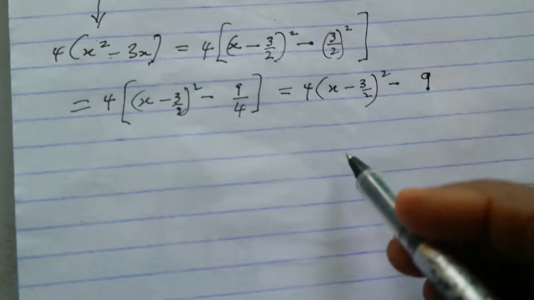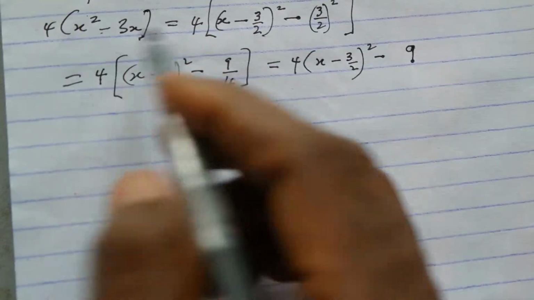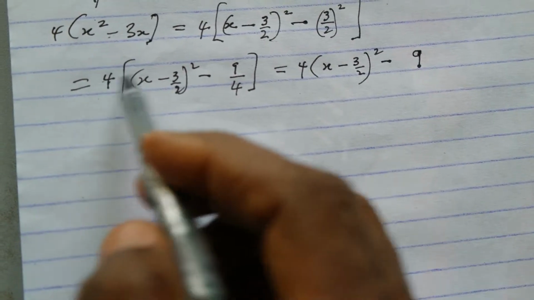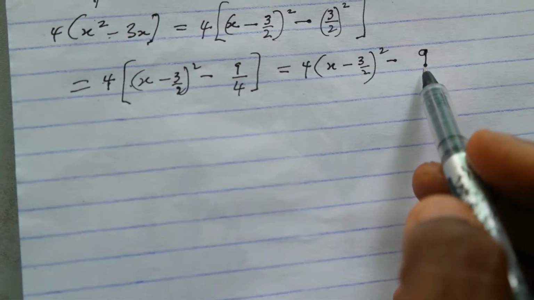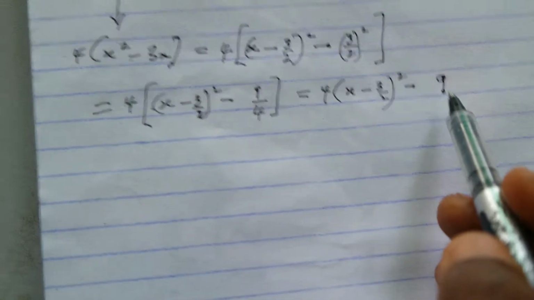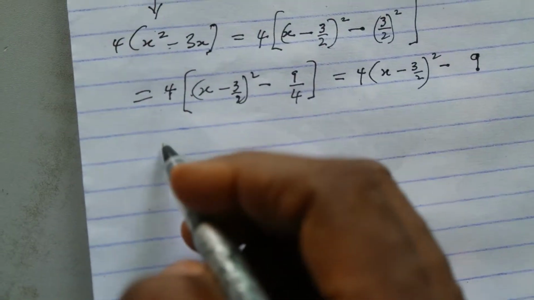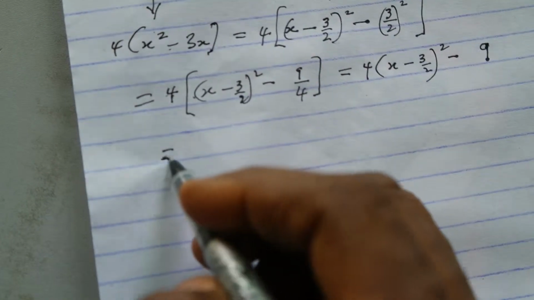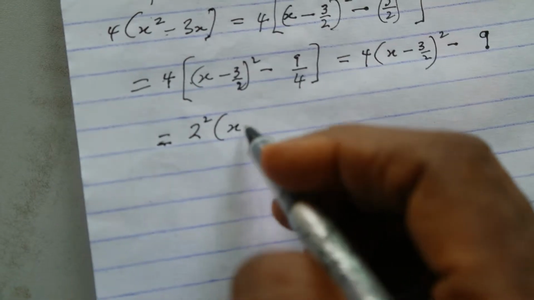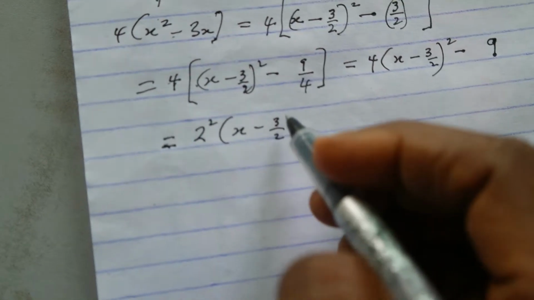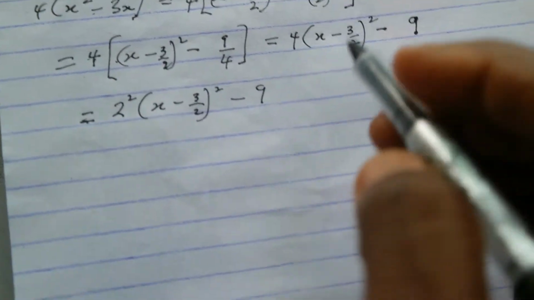When we open the bigger bracket outside, the 4 will come here, it will also come here, and this 4 will cancel the 4 here. So that's why we have a minus 9 here. Now, from here, we can rewrite what we have here as 2 raised to the power 2 into x minus 3 all over 2 all squared minus 9.